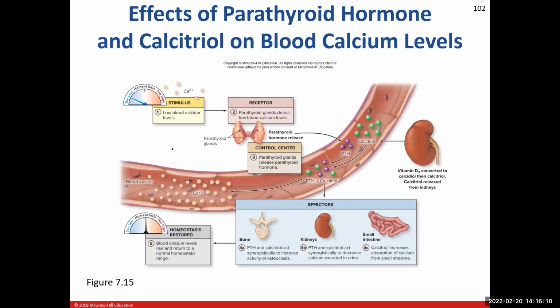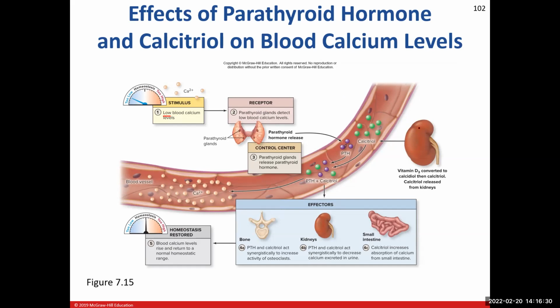So here's our stimulus, low blood calcium, which is then going to stimulate the parathyroid glands to secrete parathyroid hormone. And that parathyroid hormone gets dumped into your blood and it's going to circulate throughout.